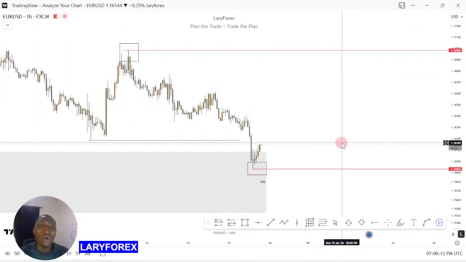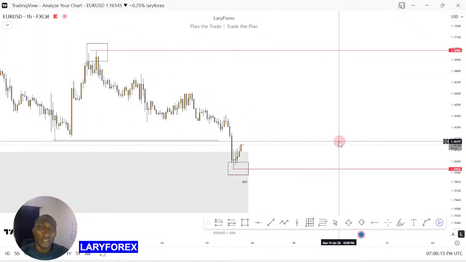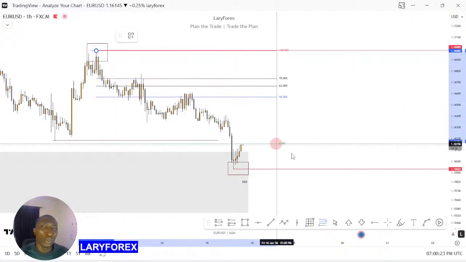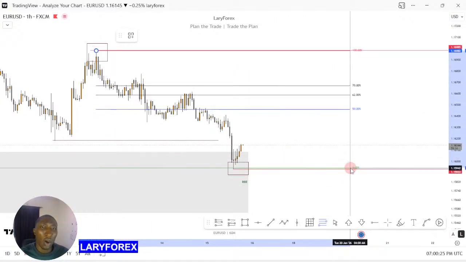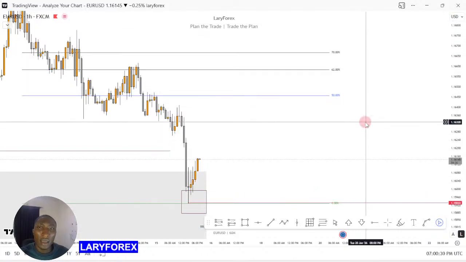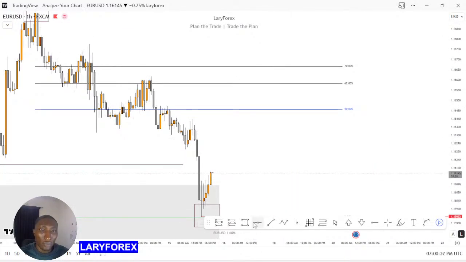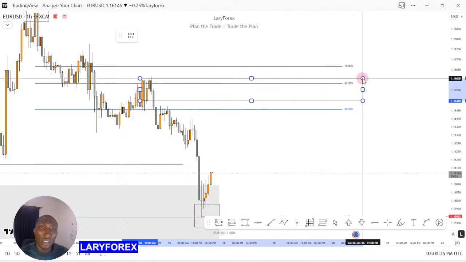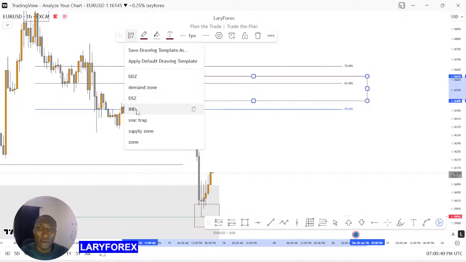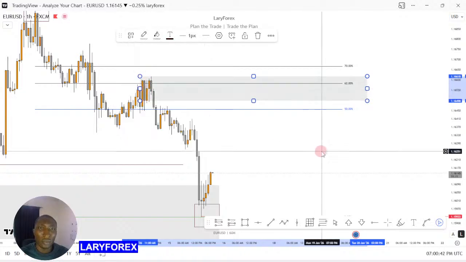All right. So what we will be looking to execute a trade now that we have this zone. Our point of interest will be, we'll use our Fibonacci tool, mark from swing point A to our swing point B. So our point of interest here will be this level, because this is a rejection level. Are you guys following?